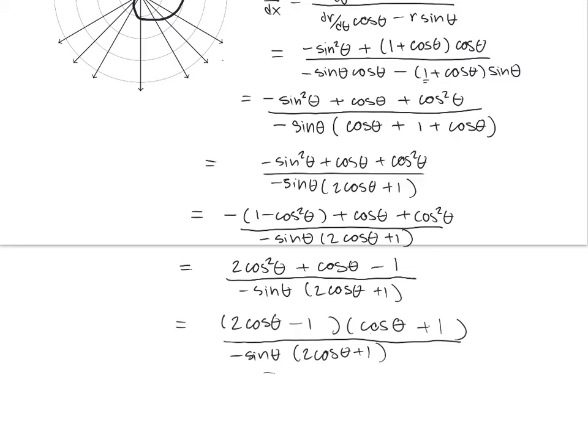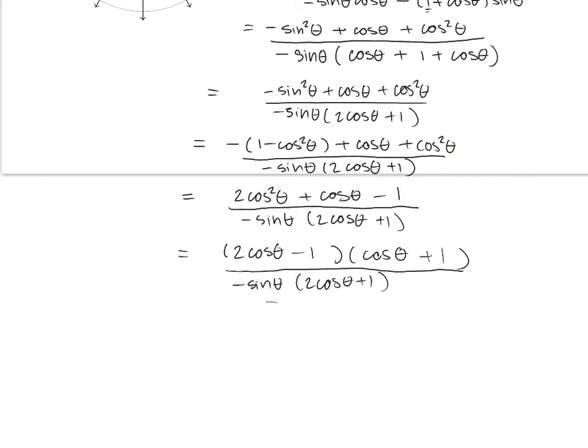Okay. And now we can do what Mary Kate said. When do we have horizontal tangents? When the numerator is 0. 2 cosine theta minus 1 equals 0, or cosine theta plus 1 equals 0. So that's cosine theta is a half.